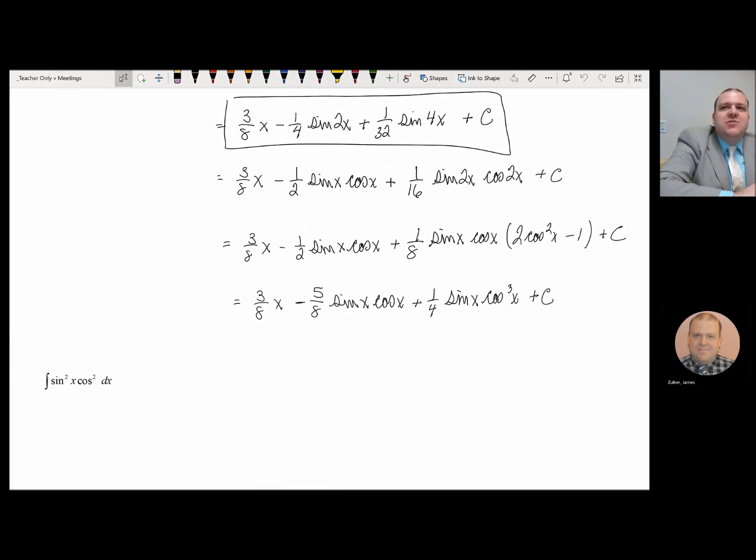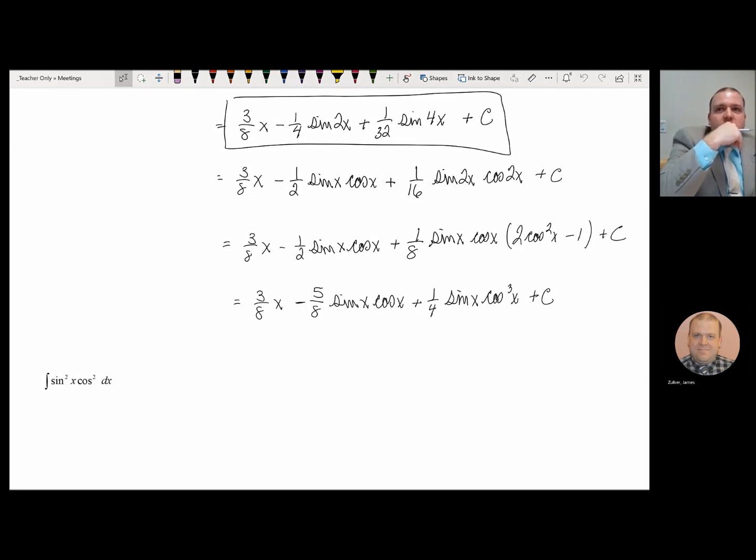Sine squared times cosine squared. Well, in this case, both powers are even. So we're not going to be able to do what we did before, right? Split one of them off and try and write a single power of sine to do u sub, or split cosine off and have a single power of cosine to do u sub.